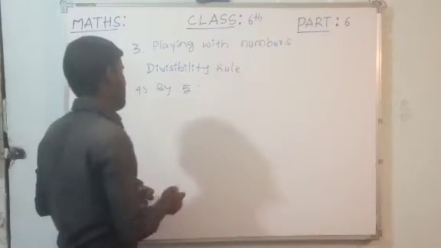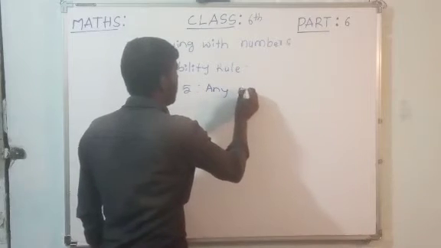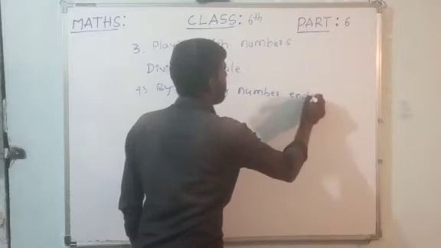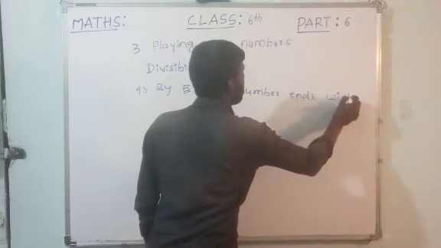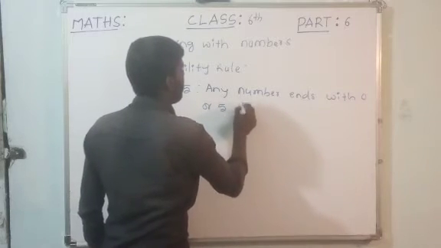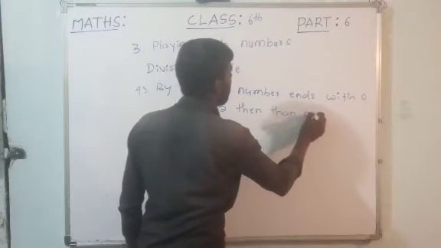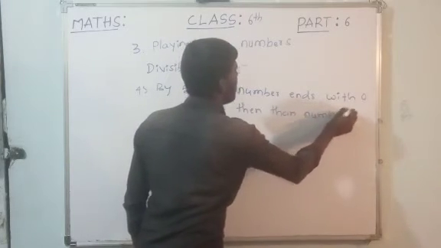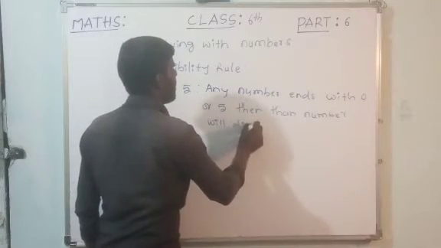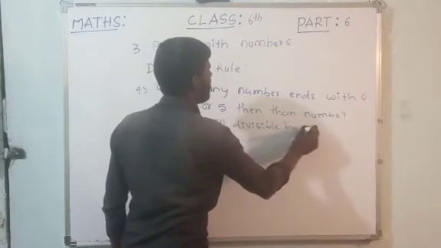Okay, I will write the definition. Any number that ends with 0 or 5 will be divisible by 5.